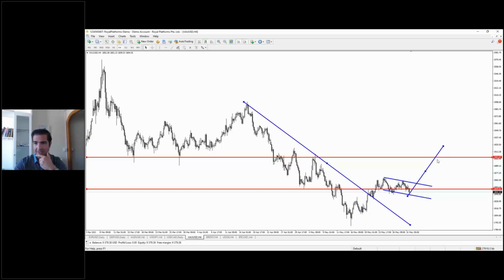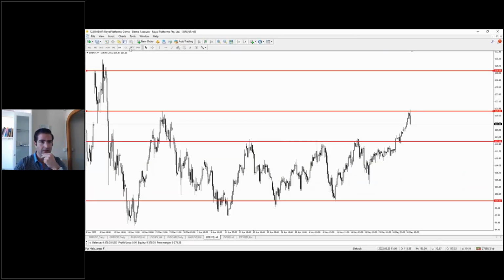So there is a tendency that it might reach, let's say, if this from here to here is this length, and I drag it from the end of the correction all the way up, it might reach, let's say, 1925. But to be on the safe side, it's better to consider 1903 as the next target.